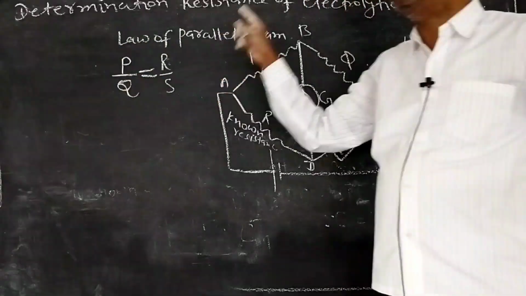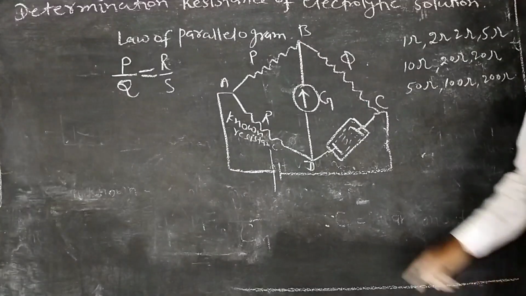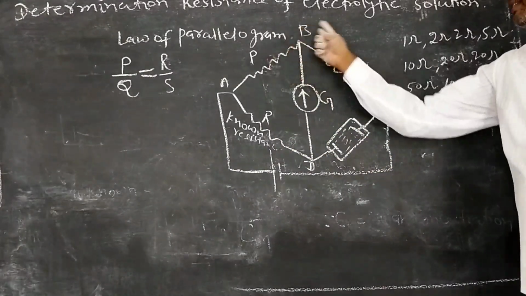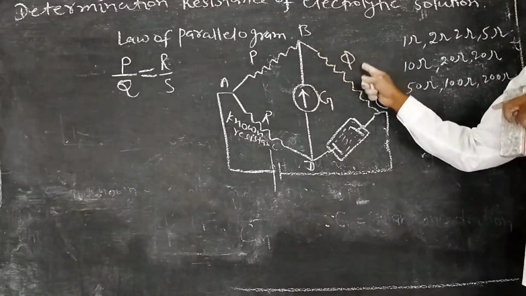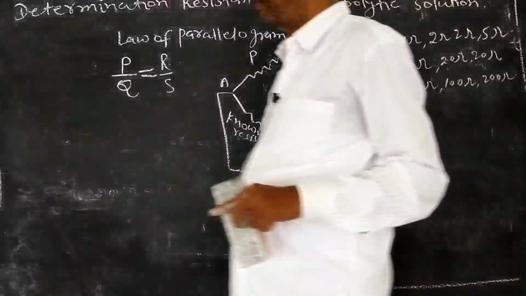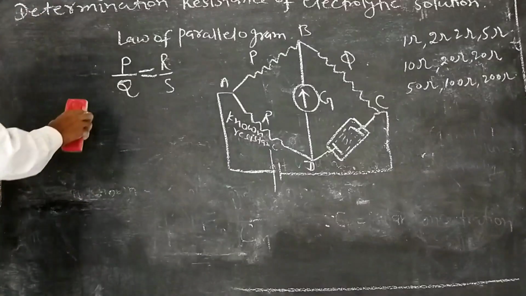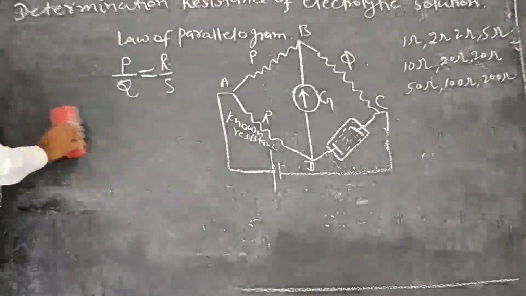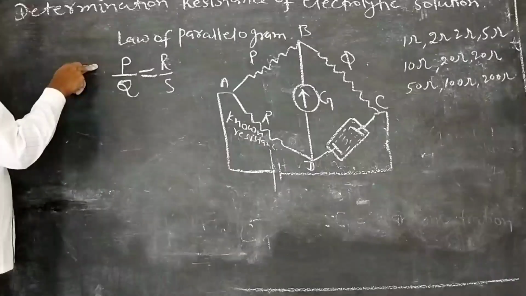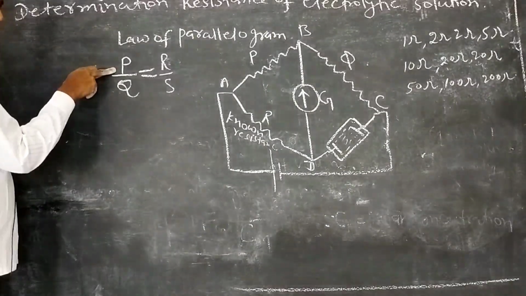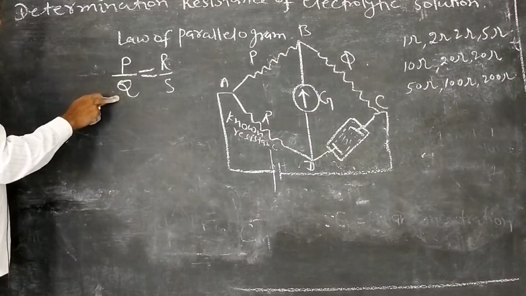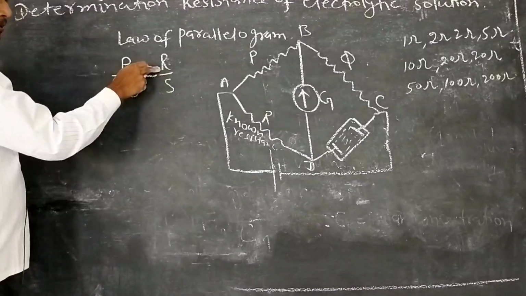Under equilibrium, this condition is set up: P upon Q is equal to R by S. R is known resistance, S is unknown resistance, and these resistances are determined on the basis of length on the meter bridge. So under practical, we find value of P in terms of centimeter, value of Q in terms of centimeter, and value of R known resistance.